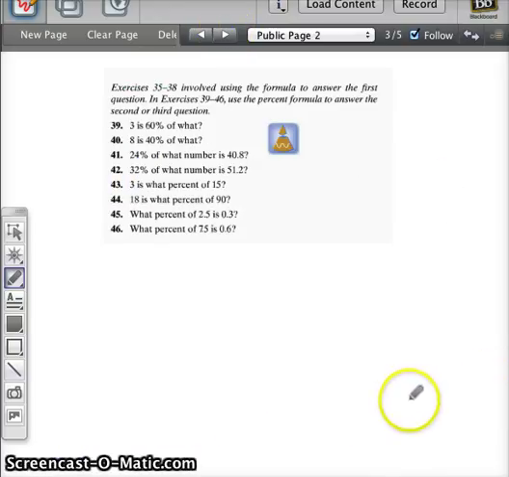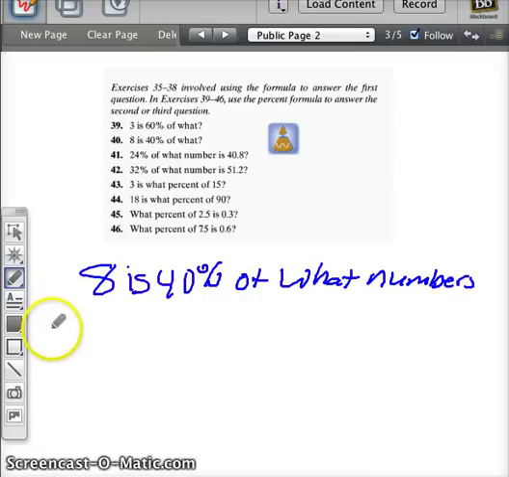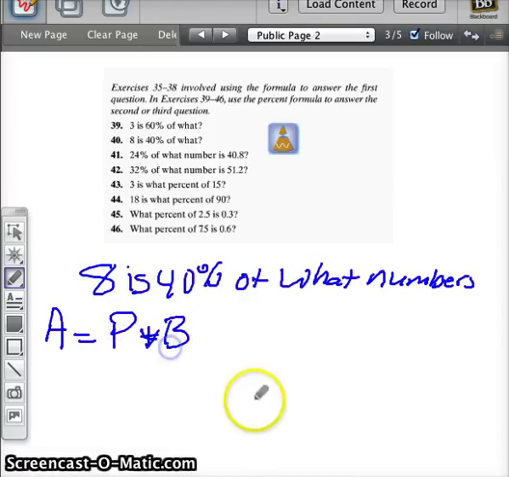In the next section, for example, 8 is 40% of what number? I'm going to show you 2 ways to do this. One way would be to copy the formula I gave you in class: A is equal to P times B. Now, 8 is 40%, so we know the percent goes right here as a decimal.